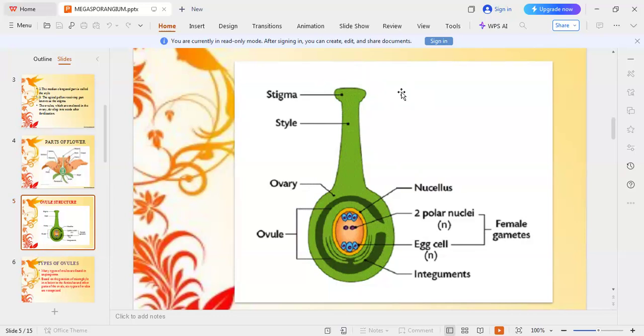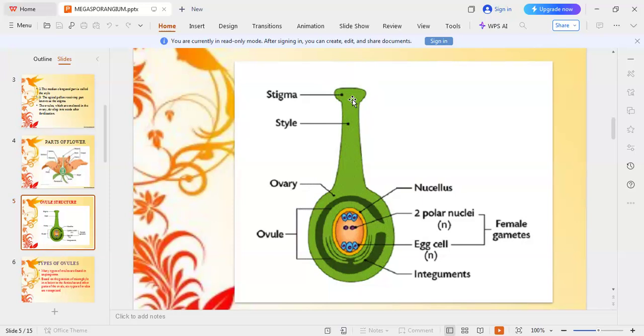The swollen basal part of the pistil may be single or chambered. That is termed the ovary.